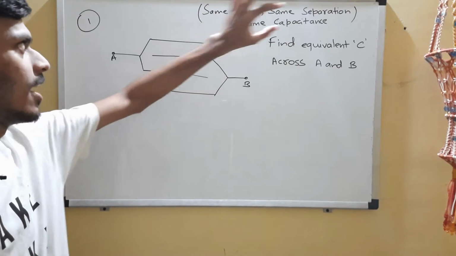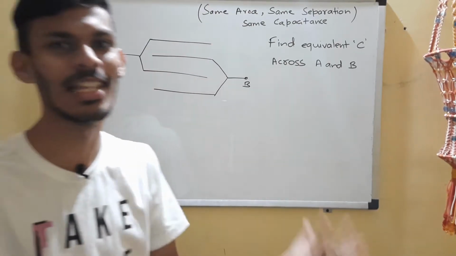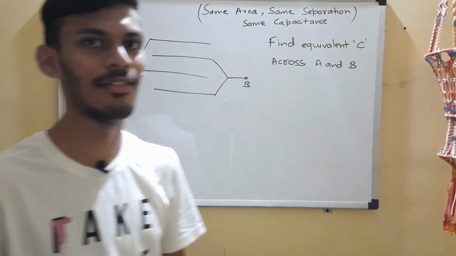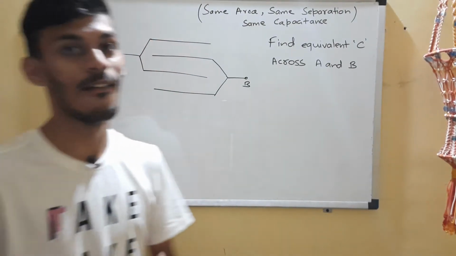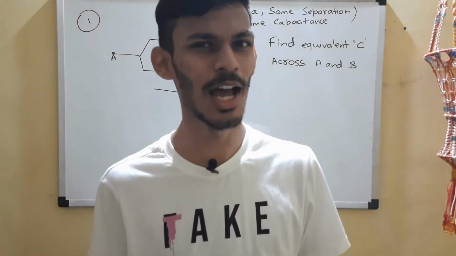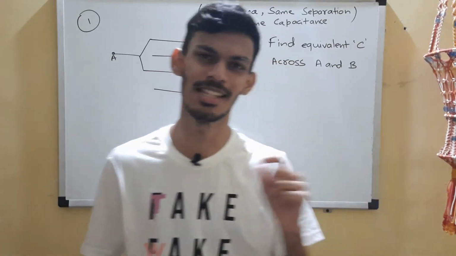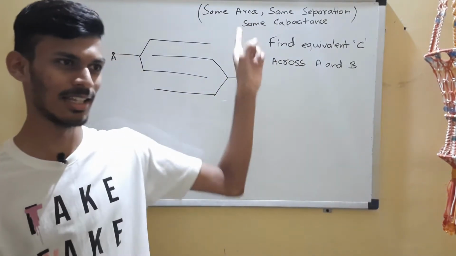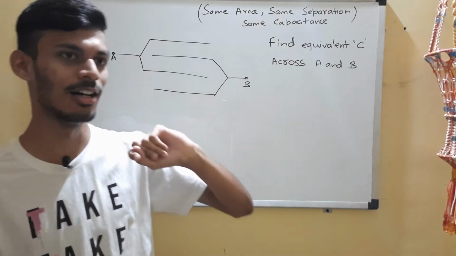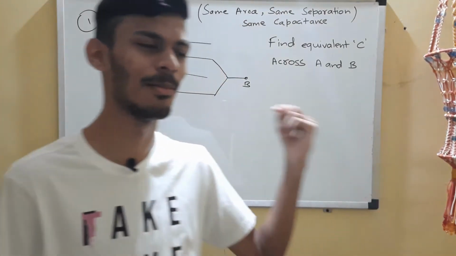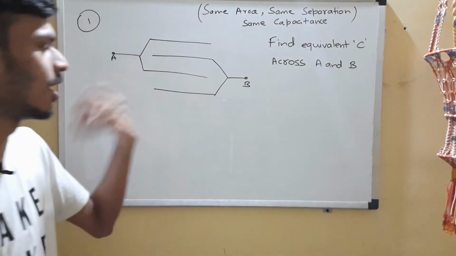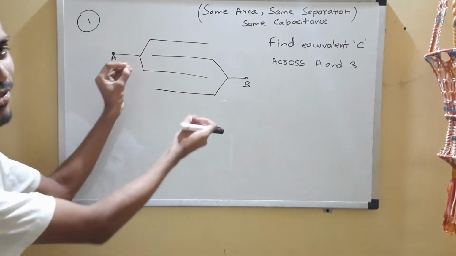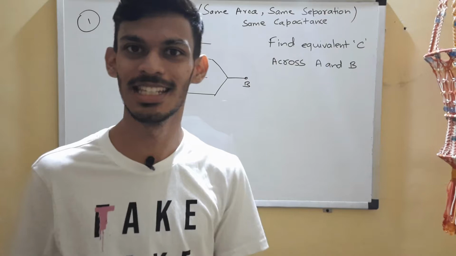Okay, so same area, same distance of separation, and as a result of that, we have the same capacitance. All the capacitors made from these plates will have the same capacitance. Why? Because capacitance is given as A epsilon naught by d. Same area, same A, same distance of separation, d is same, and epsilon naught is a constant. So all of the capacitors which are made from these plates will have the same capacitance.